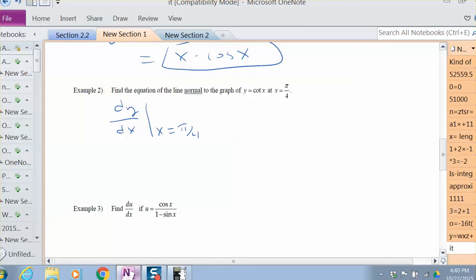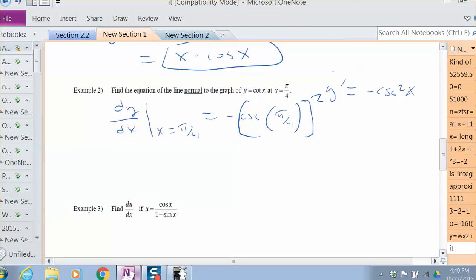So first of all, I need to find y prime, which we already know from the previous page is negative cosecant squared x. So now I'm going to do negative cosecant squared of pi over 4, or probably more proper, put a bracket around it and then we'll square it afterwards, because that's really what's happening.